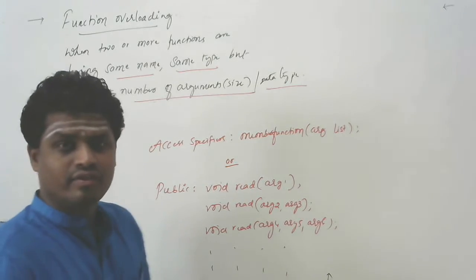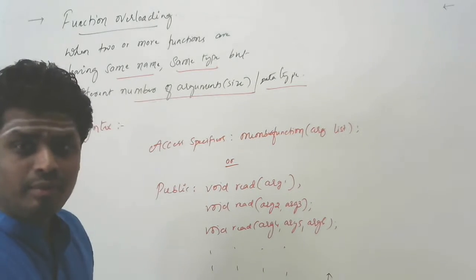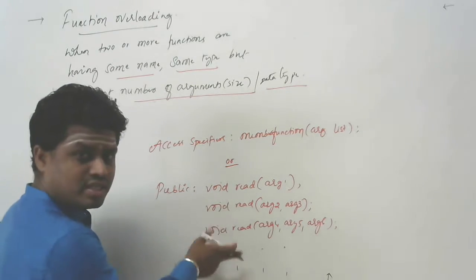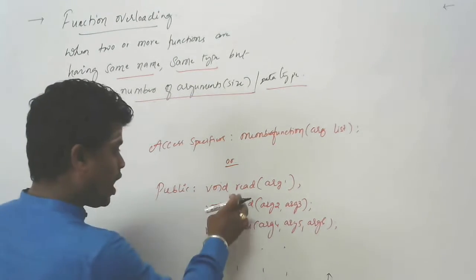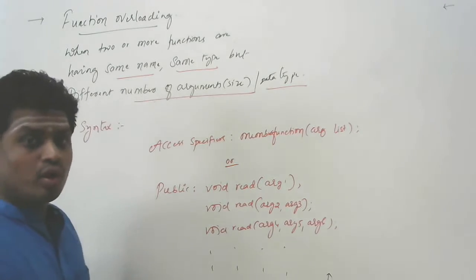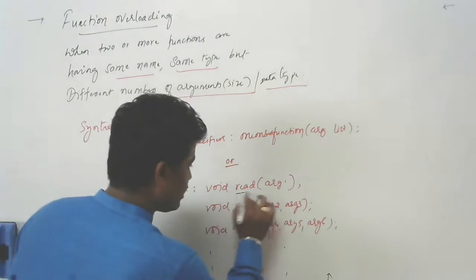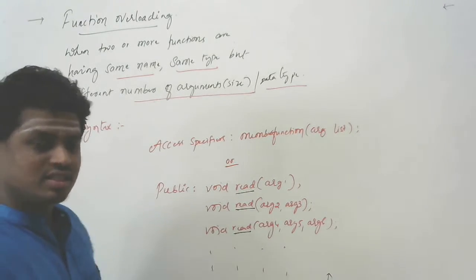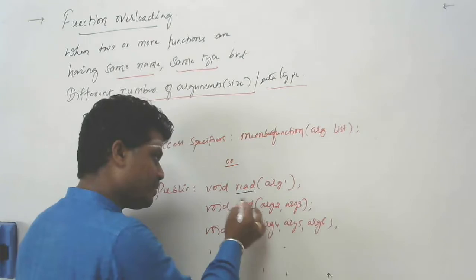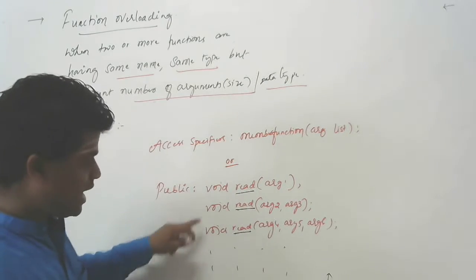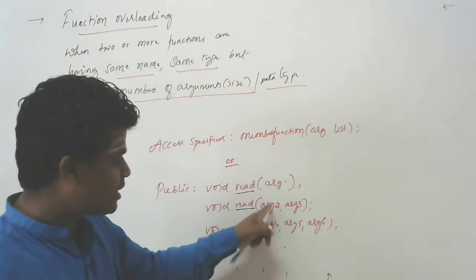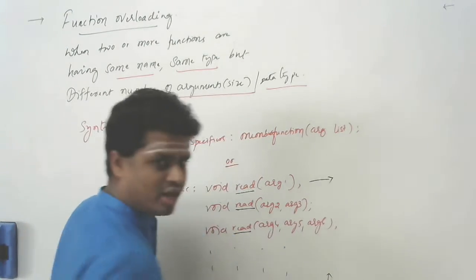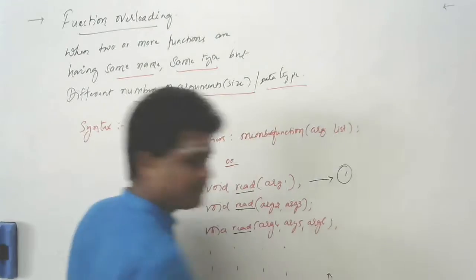So what exactly is the definition? In your program, you have two or more functions. Here, how many member functions have I called? Total 3: 1, 2, 3. The names of the functions are read, read, read. When two or more functions have the same name, same type, but a different number of arguments. With the first member function, I have defined 1 argument.